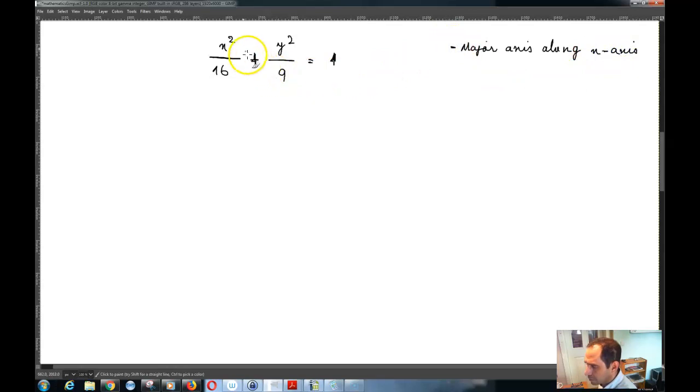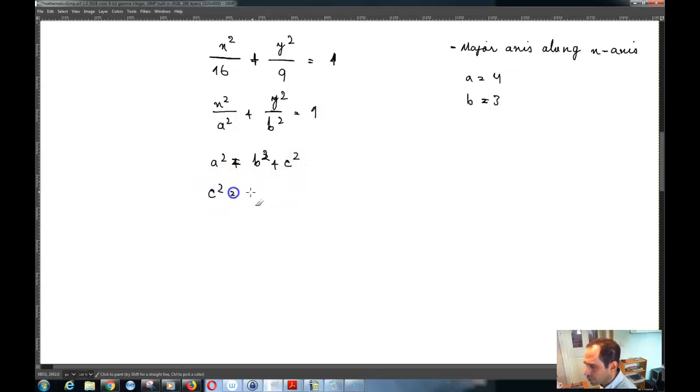So I can write x squared by a squared plus y squared by b squared is equal to 1, and so a is equal to 4 and b is equal to 3. So a squared is equal to b squared plus c squared.